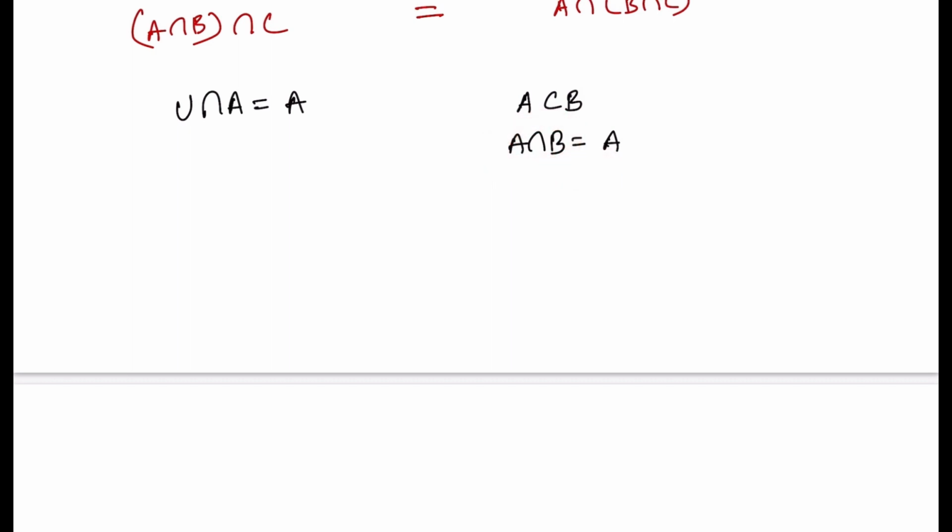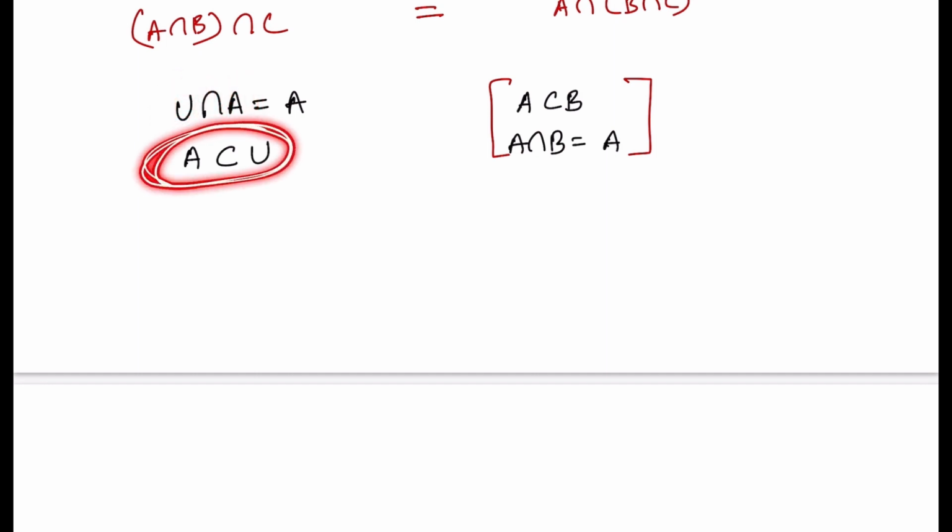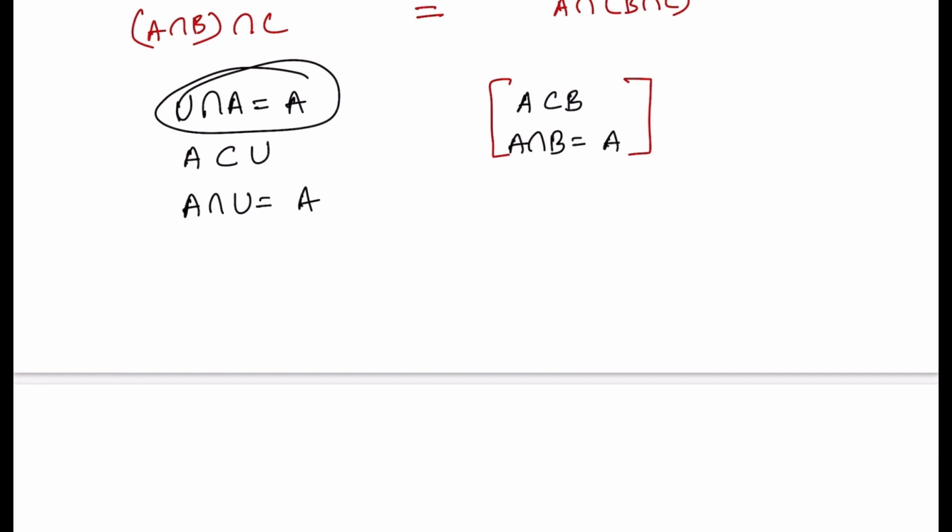This is a similar case for this law. In this case, you can see A is a subset of U. This is the universal set, and this is A. Now if A is a subset of the universal set, then obviously A intersection U will always be A. Therefore this property holds.